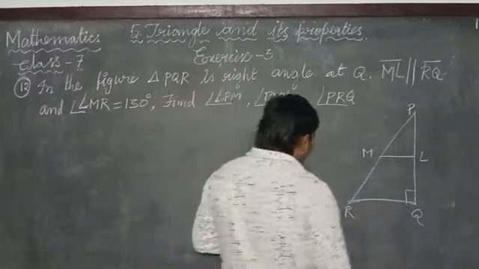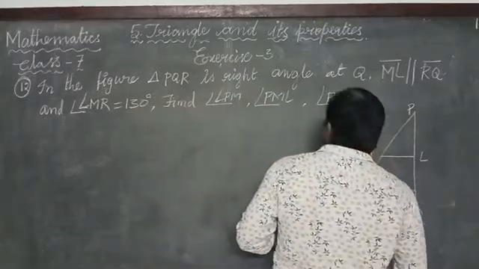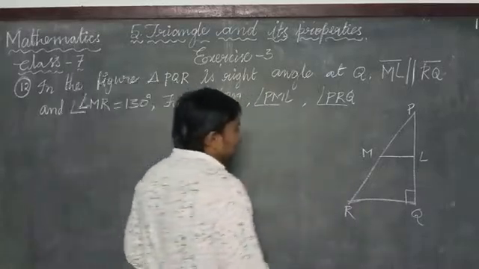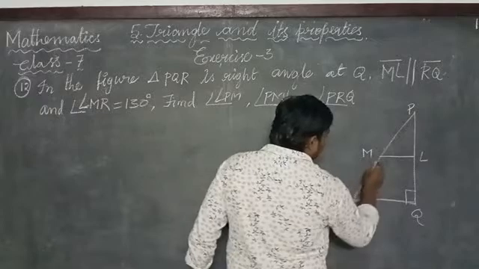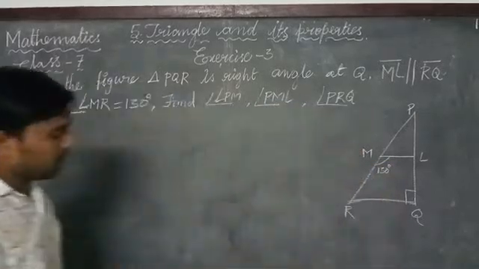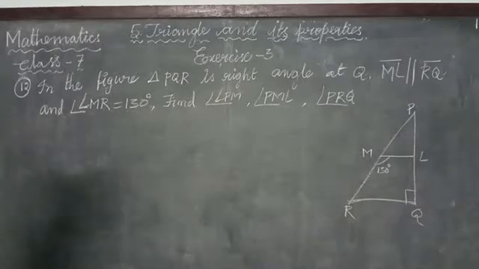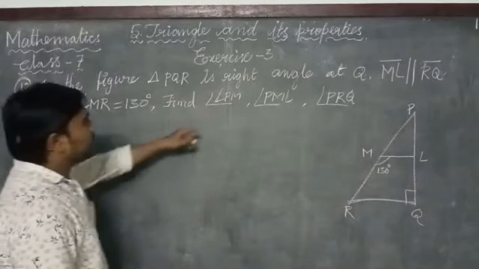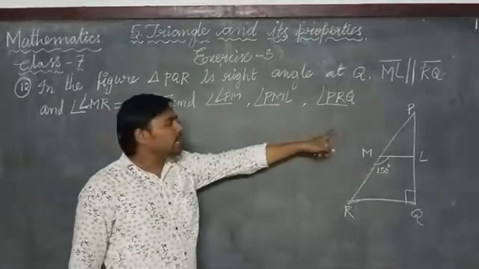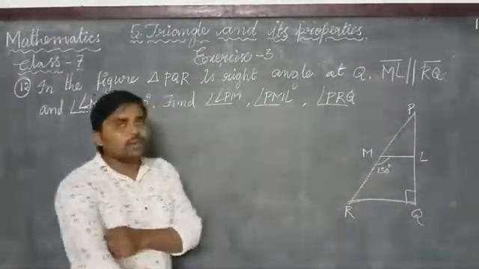Here they have given angle LMR equals 130 degrees. From this given data, we have to find the angle at P, the angle at M, and the angle at R.